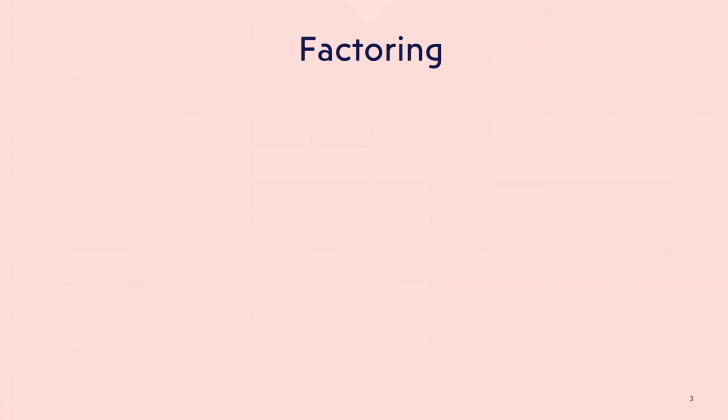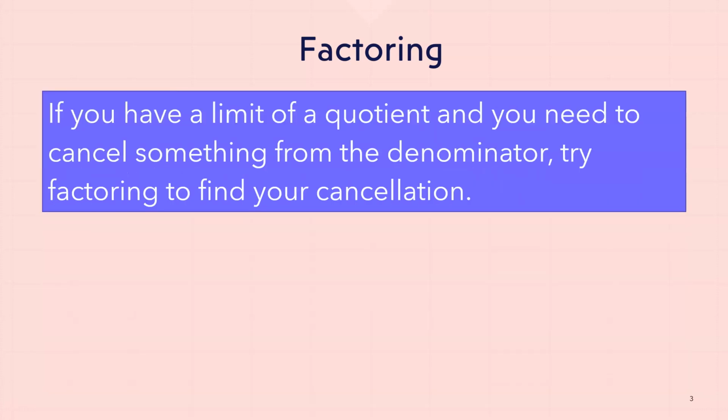Okay, the next algebra trick that we can use, and it's very useful here in finding limits, is factoring. If you have a quotient and you need to cancel something out from the denominator, we'll try factoring. If you notice, the numerator is the difference of 2 squares, so it has an x plus 2.